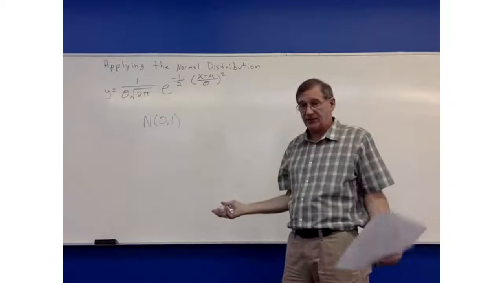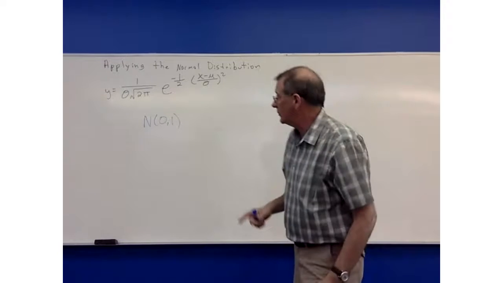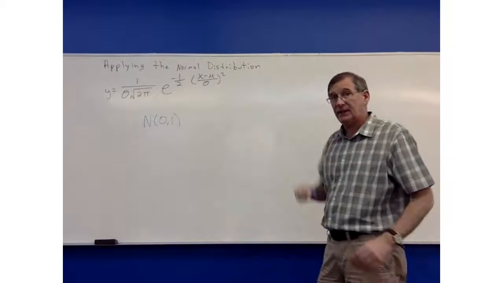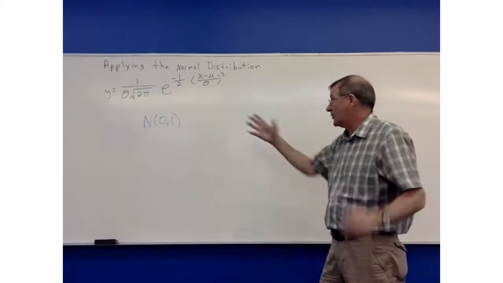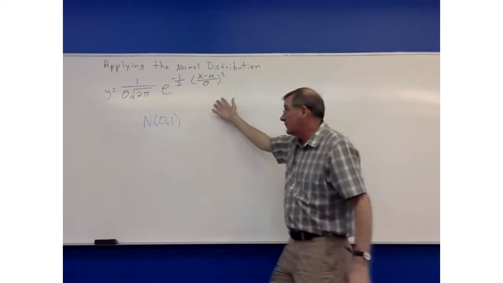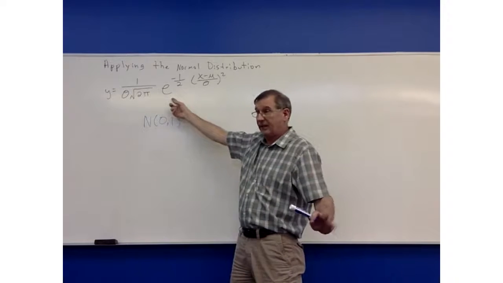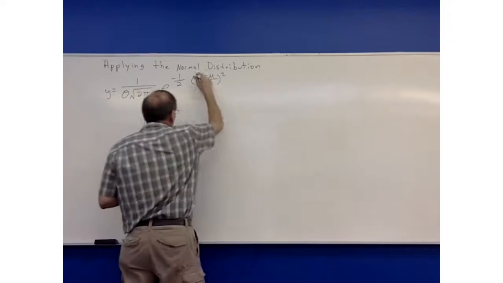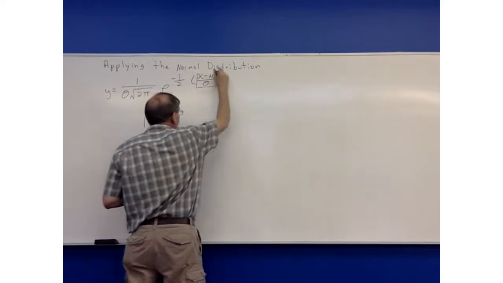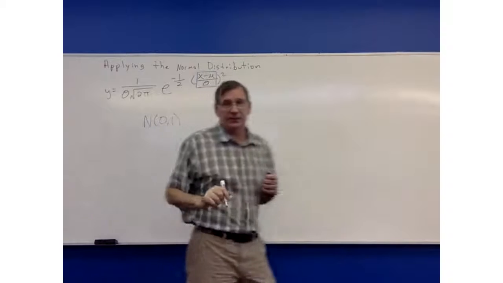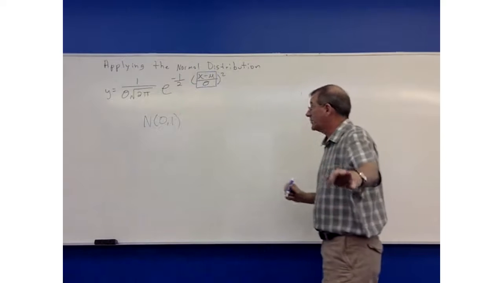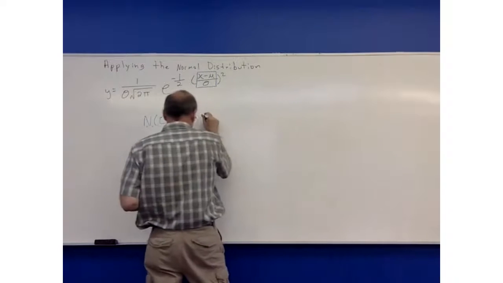So now we can apply this. Now, how do we convert to that? That's the only thing we're missing. In this equation, it may look difficult. You might not like to see the square root of 2 pi or e, but this is a really nice equation. Right here is where the magic takes place. So I'm going to write this down.